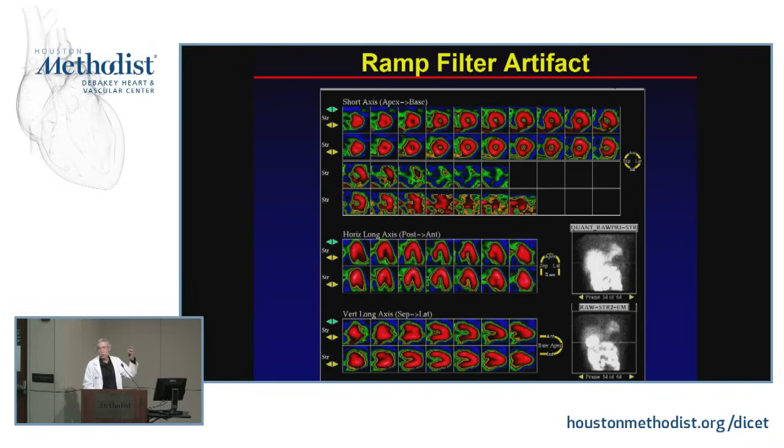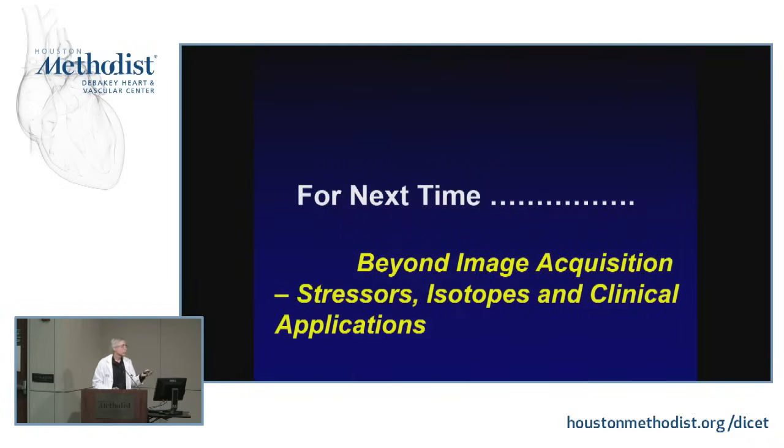So that kind of gives you an idea, at least in terms of image acquisition, of all the things that go into actually creating an image. And every time you look at an image, these things should be going through your mind. You know, what could be causing this defect? Because whenever I read an image, I always assume everyone's normal.